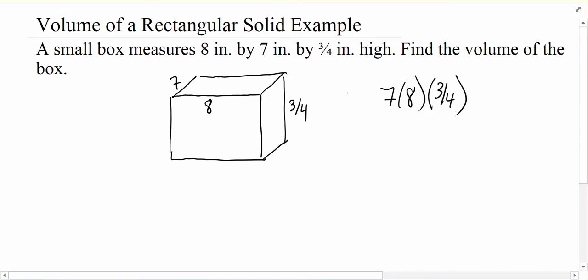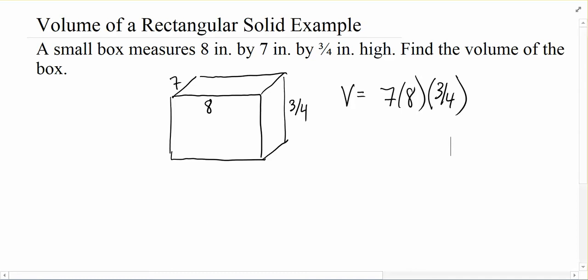And that's going to be my volume. So if your three-dimensional object is basically the same shape stacked on top of itself a bunch of times, then you can take the area of the base and multiply that by how high it is. And that's really what we've done here.